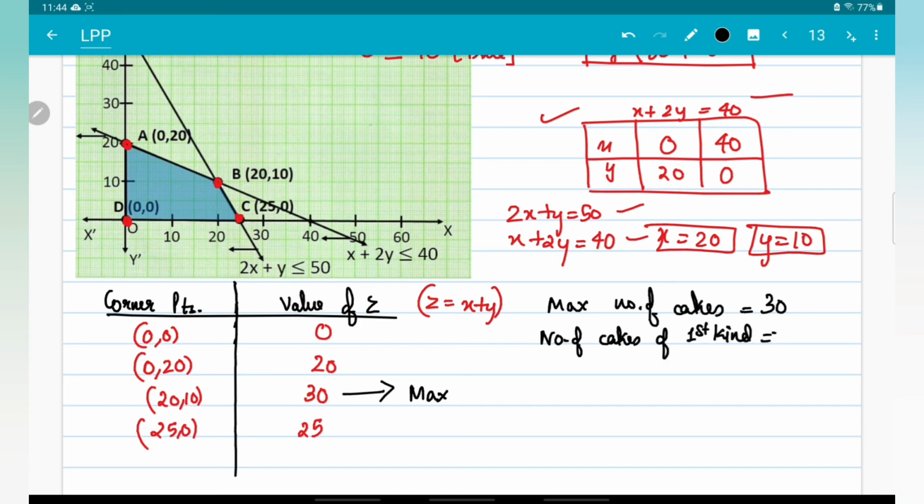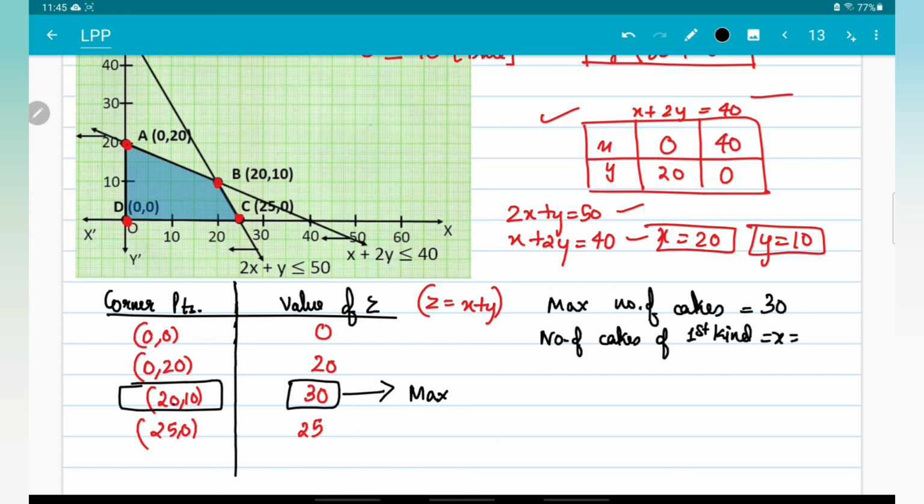as we know, the number of cakes of first kind were x. So here z is maximum at the point 20, 10, and the maximum value is 30. So the maximum number of cakes is 30, and it is maximum at the point 20, 10, where x is 20 and y is 10.